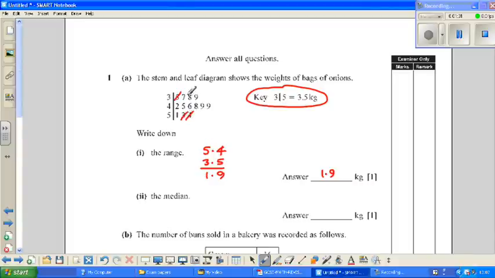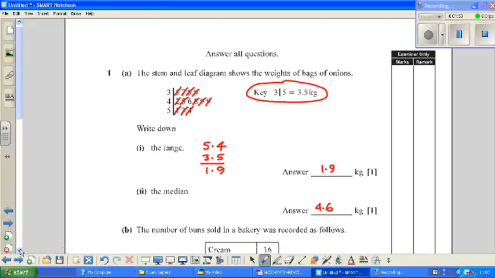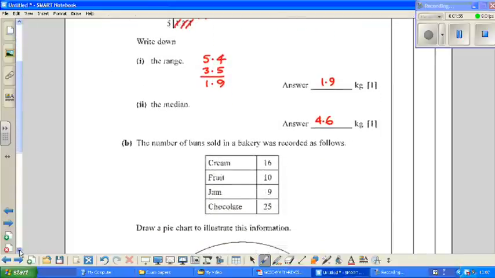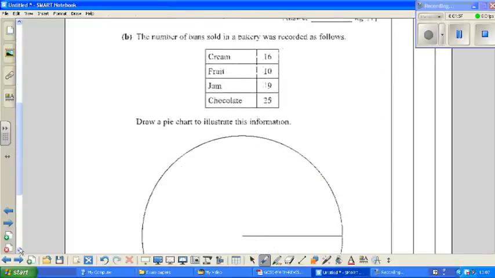Biggest now is 5.3, smallest 3.7. Biggest 5.1, 3.8, 4.9, 3.9, 4.9, 4.2, 4.8, 4.5, and you're left in the middle there. The median is 4.6.